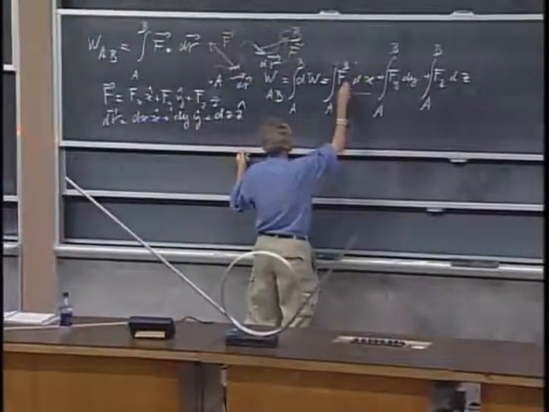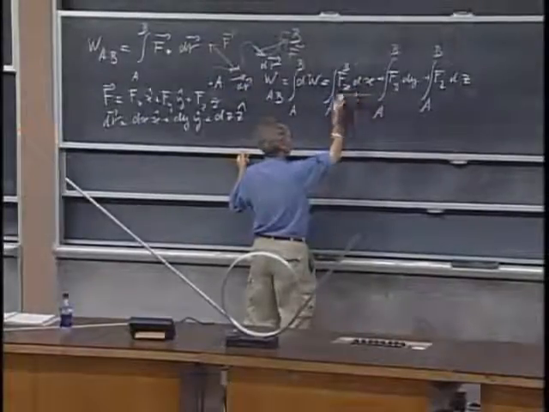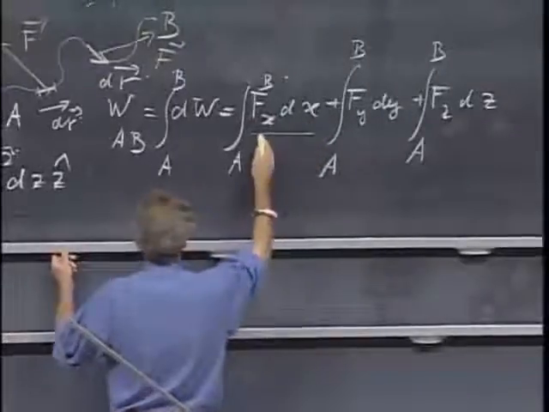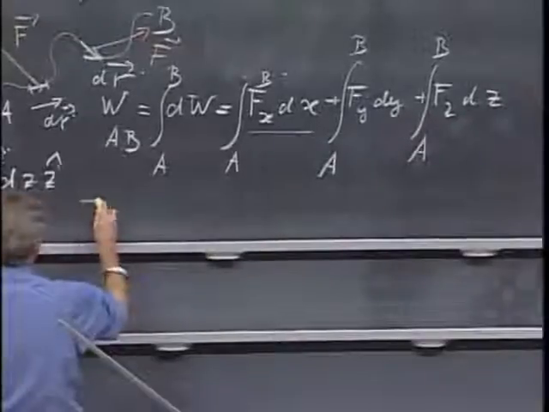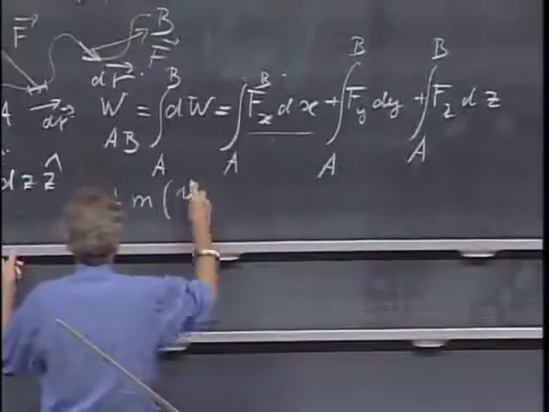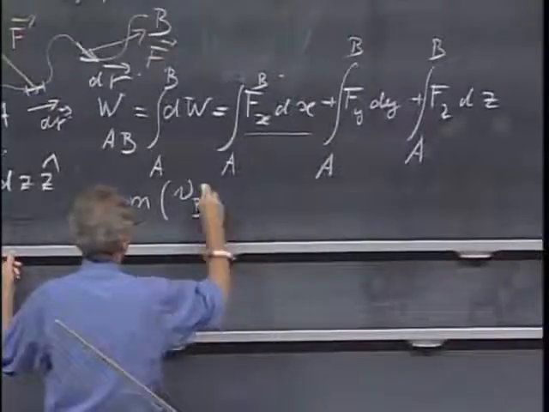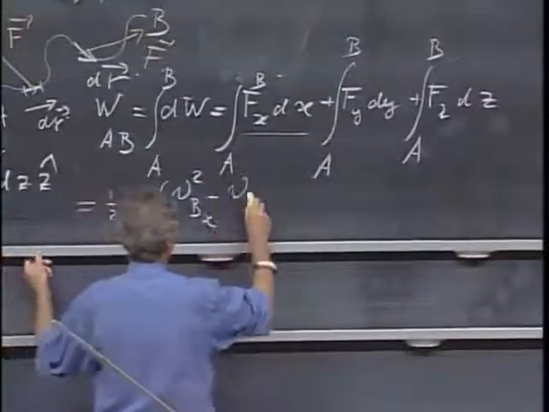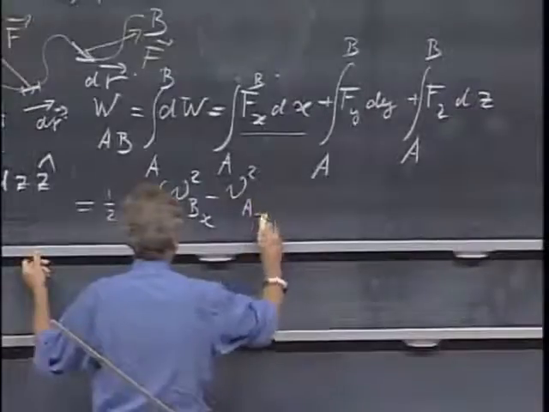And the one-dimensional problem indicates that the velocity that I'm dealing with is the component in this direction. So we have that this is 1/2 m vb squared, and this is the x component, minus va squared, and that is the x component.